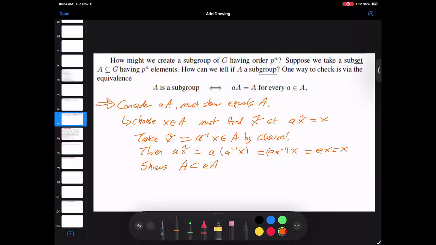If they were finite sets, they have the same cardinality, we would be done. But if they're infinite sets, we wouldn't be done. But there's a suggestion to use closure.